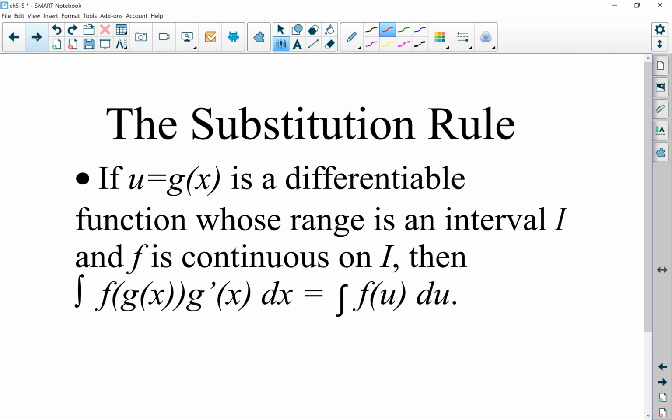Again, making that substitution, u gets plugged in for g of x.